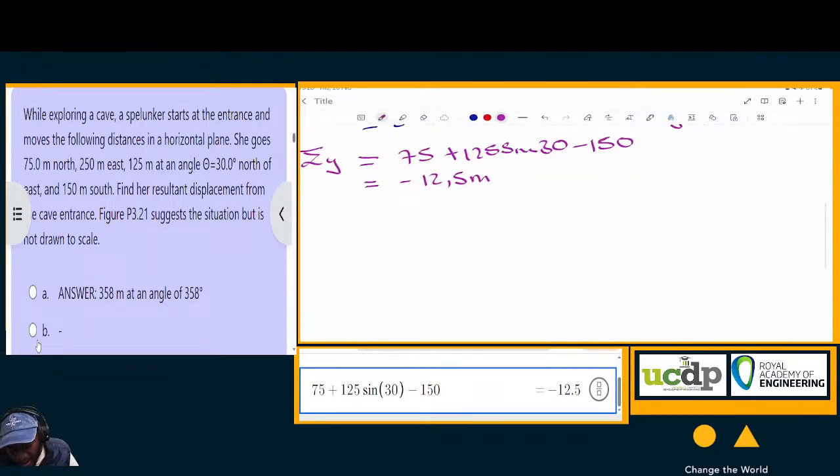So you can sketch this again, which is your resultant.